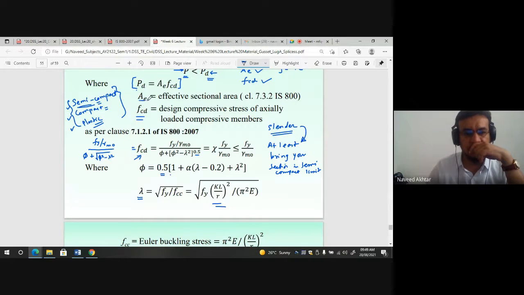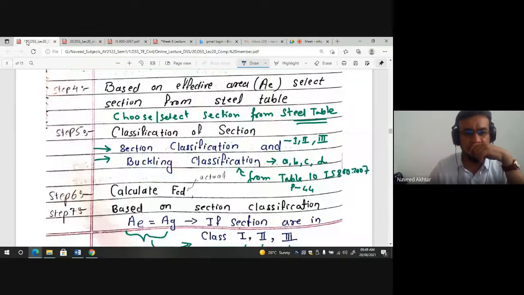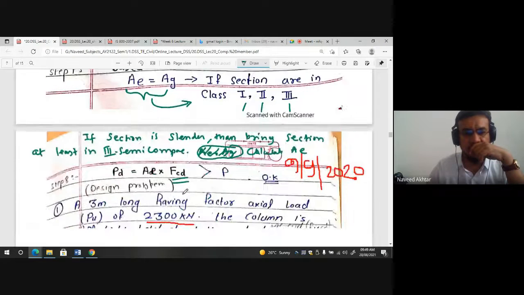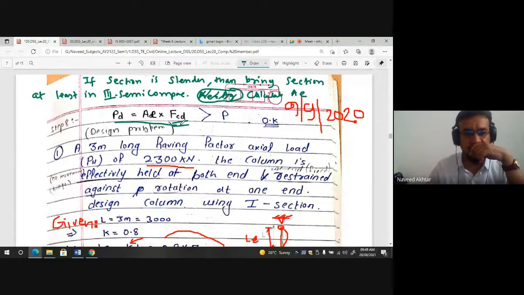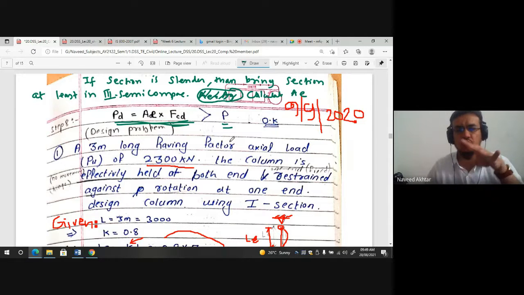And based on section classification, you should know the AE. By knowing the AE and FCD, you can find out the PD, and PD should be greater than P, which is the actual load.